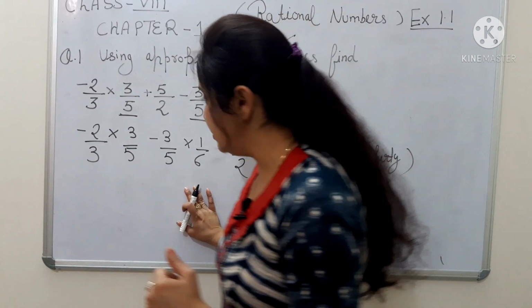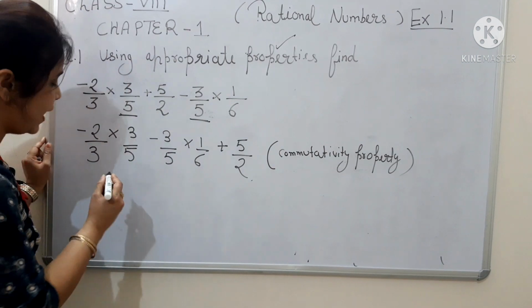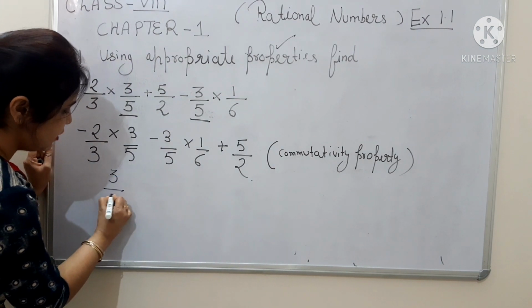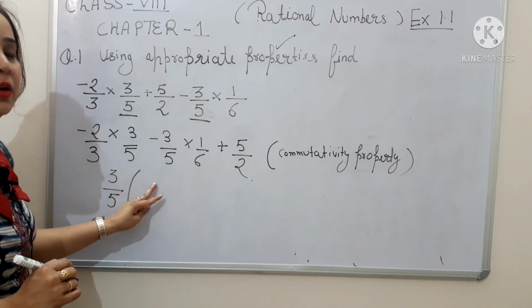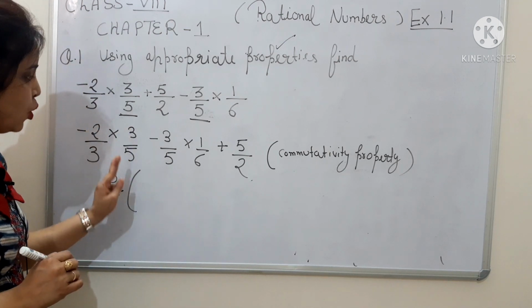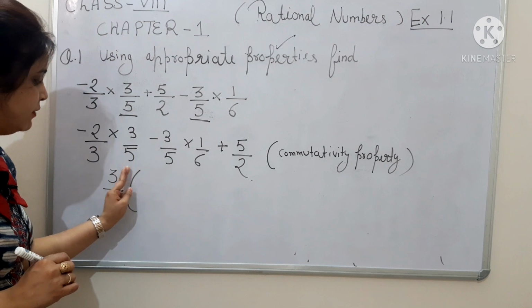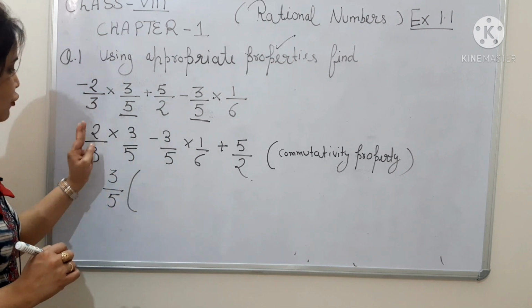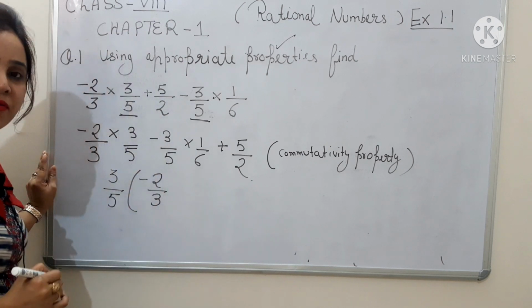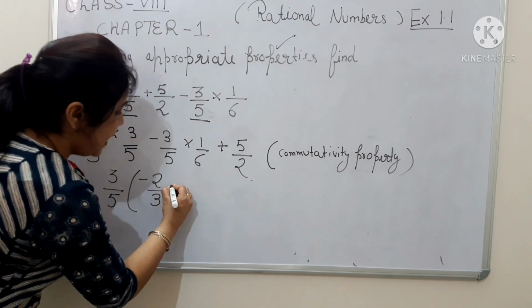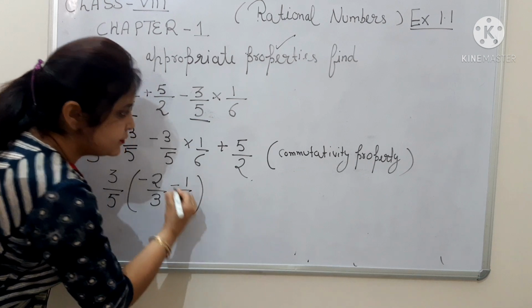So see how we will be doing it. Here 3 by 5 is common, so write 3 by 5 as it is, and under brackets whatever will be left from here, because we have taken 3 by 5, it is written here, and from here minus 2 by 3 will be left, and here minus 1 upon 6 will be left.